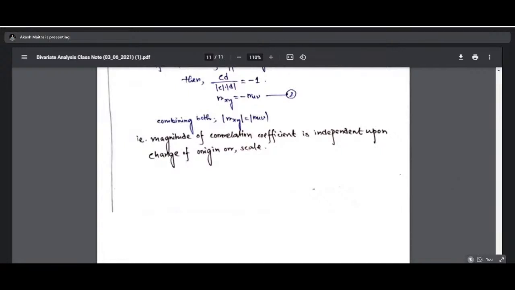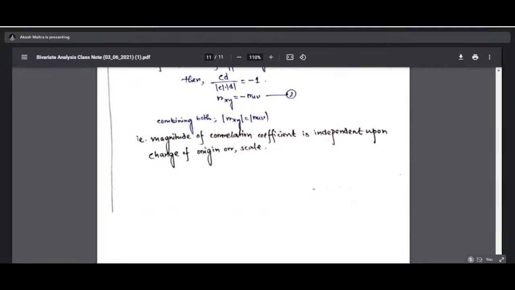So now what have we done in this class? We have taken a very quick recap of bivariate data, bivariate frequency distribution and marginal distribution. Then we learned the scatter diagram portion. What is a scatter diagram? Then we came to the correlation part. Correlation means simple correlation in your class 12 syllabus. Then types of correlation: simple correlation, positive correlation, negative correlation, no correlation.